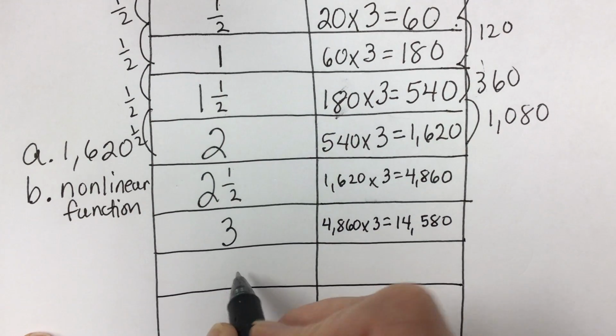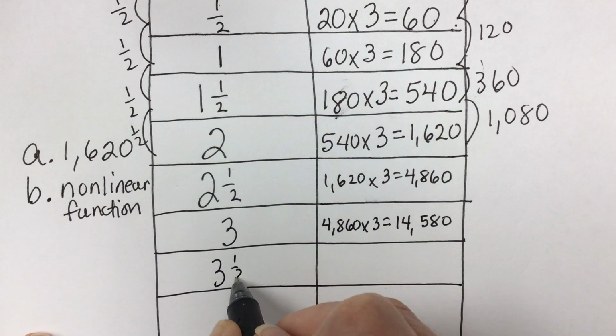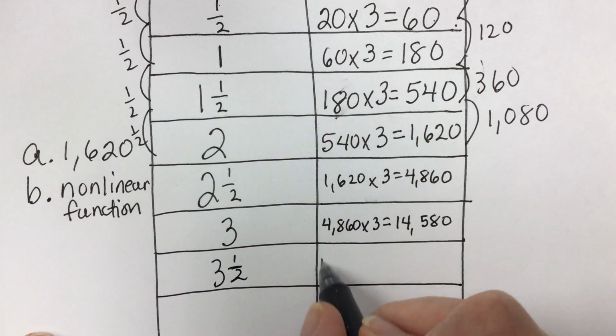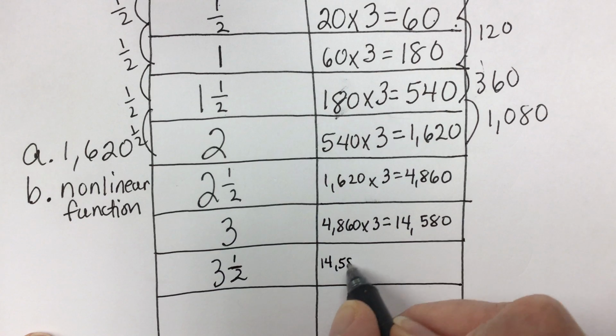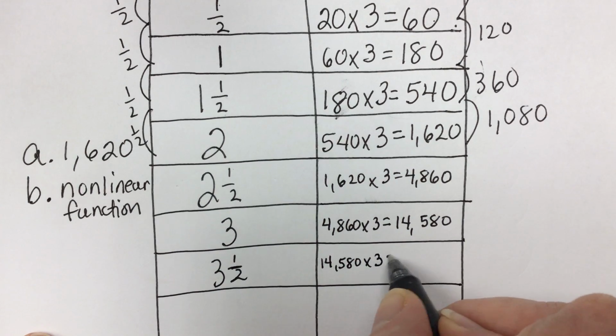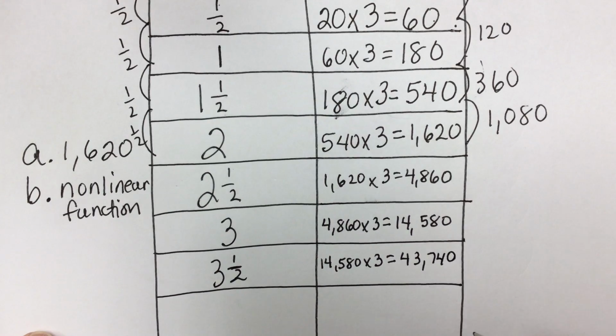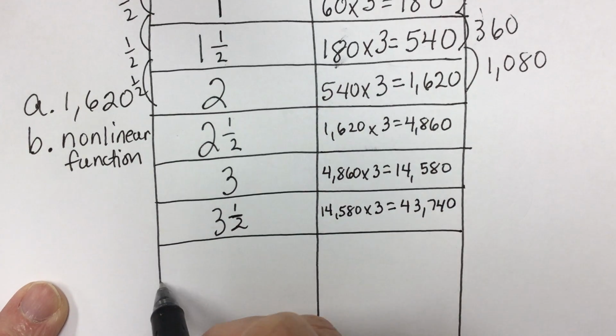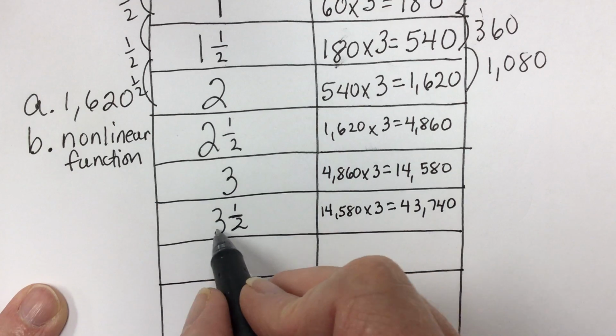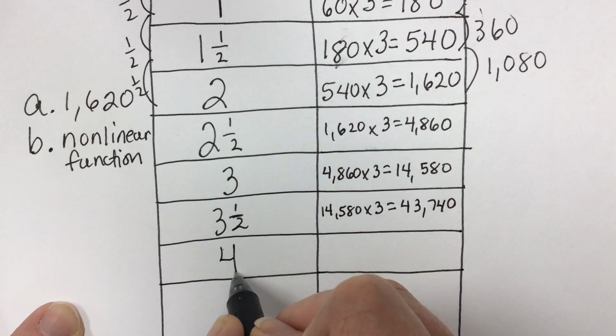Continuing on, 3 plus a half is 3.5. So we would take 14,580 times 3, which gives you 43,740. Continuing on, adding a half, 3.5 plus a half would be 4.